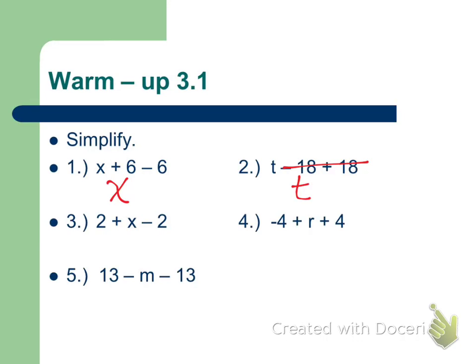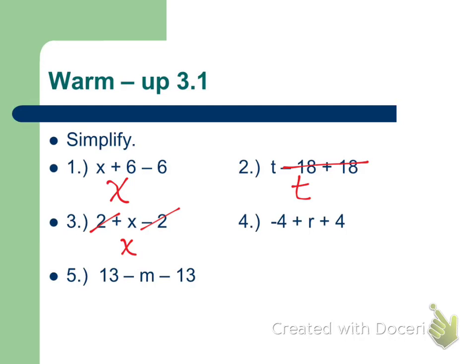Number 3. Kelby, what'd you get? X. Just X. Again, we have positive 2, minus 2. So a positive and a negative of the same number, those zero out. We're just left with X. Even though they're not right next to each other, it's the same thing.